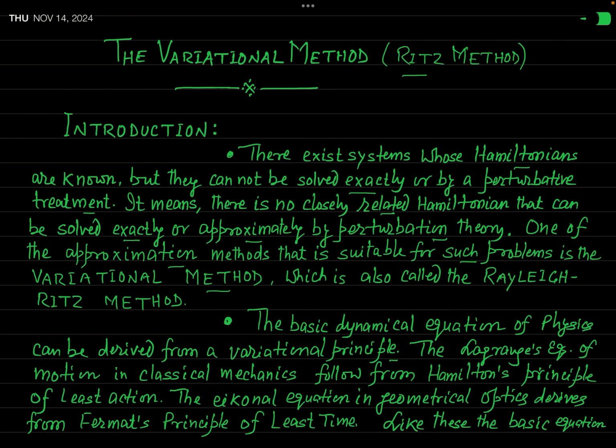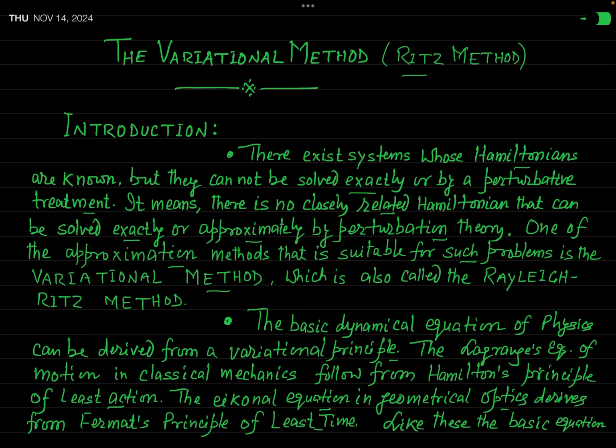You have studied in classical mechanics the derivation of the Lagrange equations of motion, which can be derived from Hamilton's variational principle of least action. Similarly, in optics, the equations of geometrical optics derive from Fermat's principle of least time. Okay.